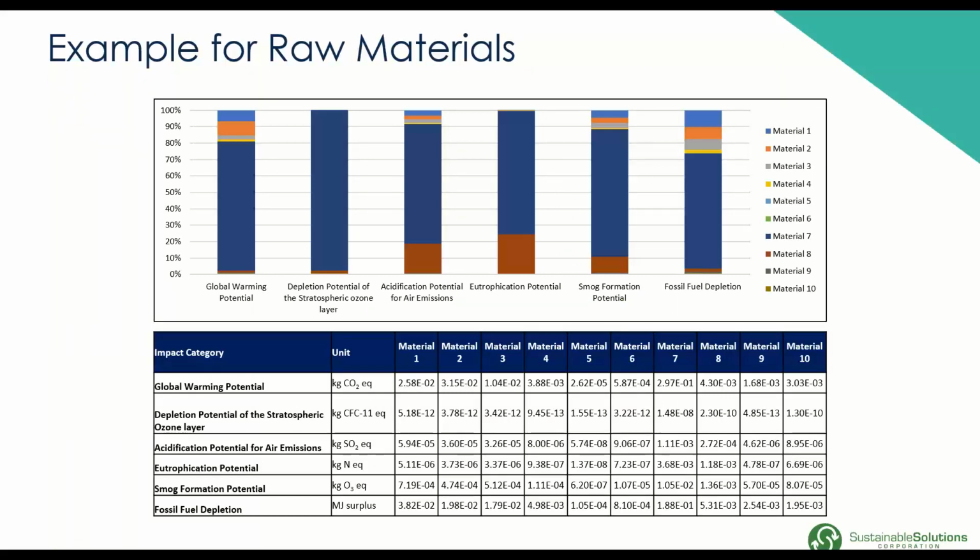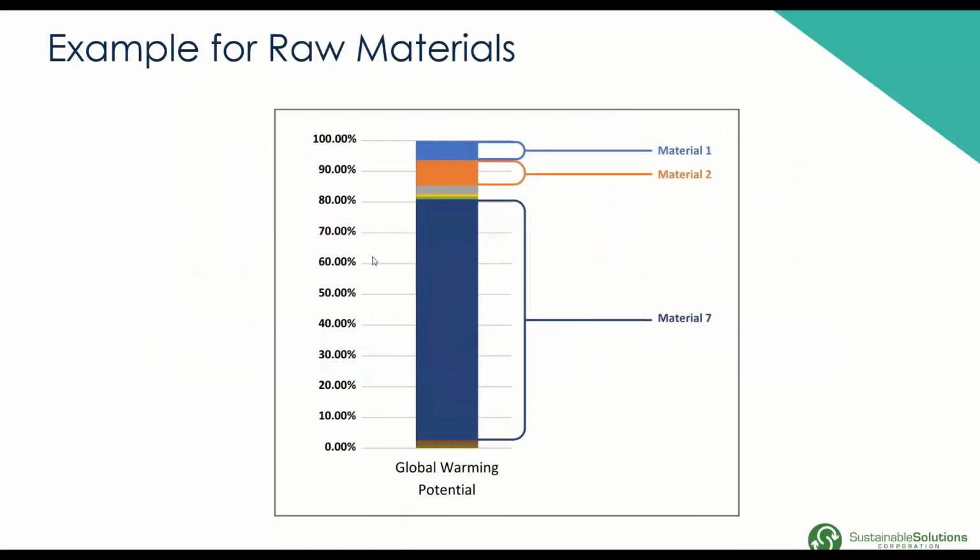But then if I look at raw materials, I can run the same analysis on all the raw materials I'm using and ask, what raw material has the biggest impact? I can see here that material 7 has a huge impact, followed by number 2 and number 1. If I blow this up, I want to figure out how I'm going to reduce my carbon footprint in my product, and I'm working with my suppliers.